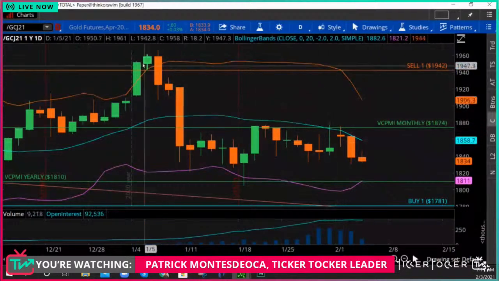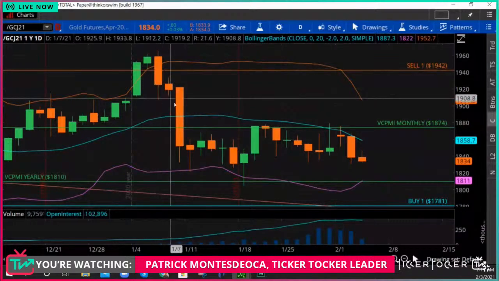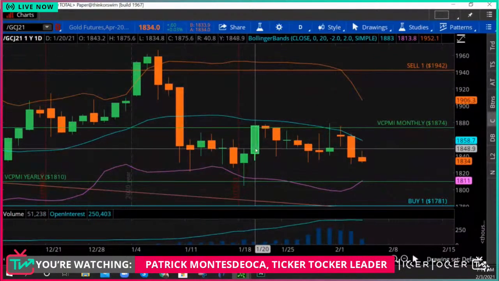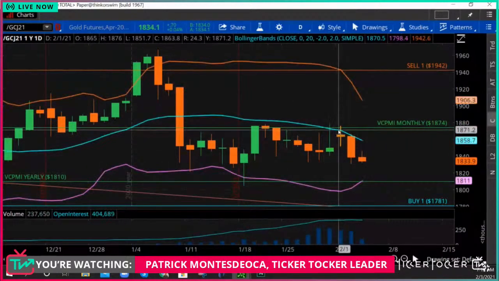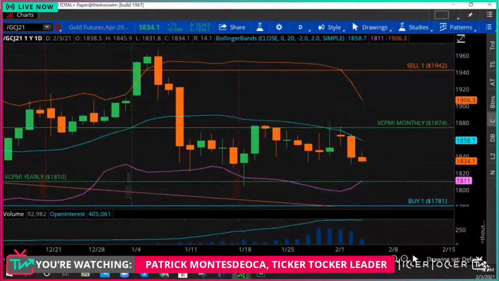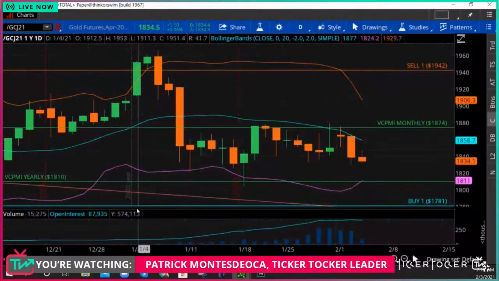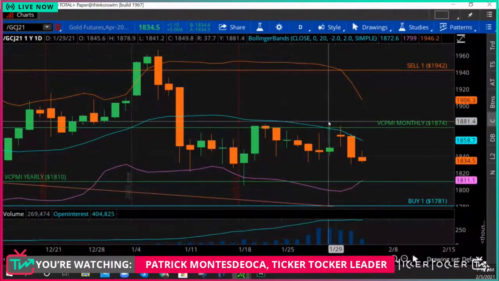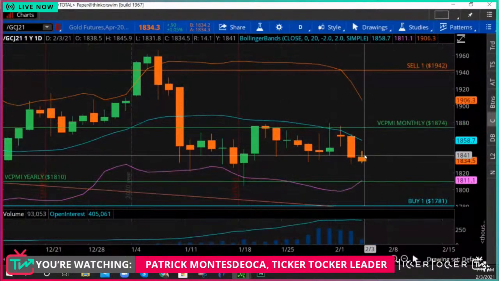So the price has come down to the average price of the annual, between the annual and the monthly average. So it's in a neutral to bullish kind of mix, bullish and bearish. Bullish annually, bearish monthly because it's trading below the average.